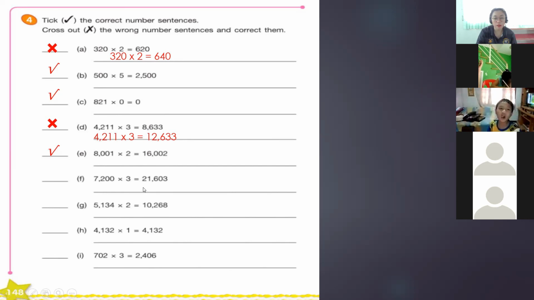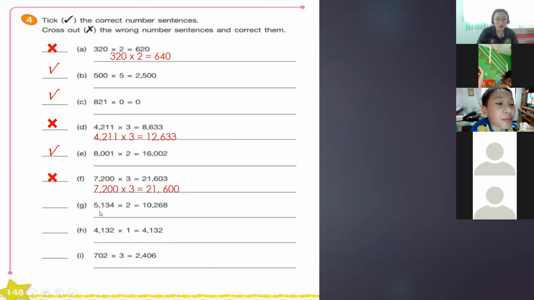So the correct product of 7,200 multiplied by 3 is 21,600. Okay, so letter F is wrong. Okay, the correct product or the correct answer is 21,600.